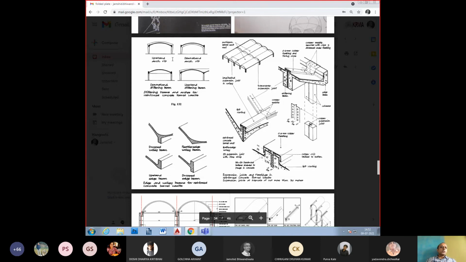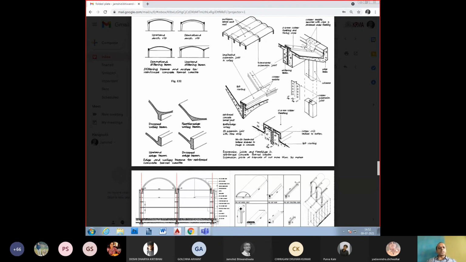Now, when we look at a combination of rigid frames or portals and the shells, the shells cannot go continuously without stiffeners, because they have a limitation. It is able to span in one direction, but in the other direction you still require a structural system which will be able to hold the shells together.